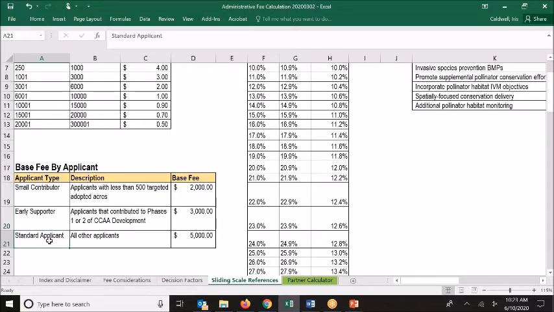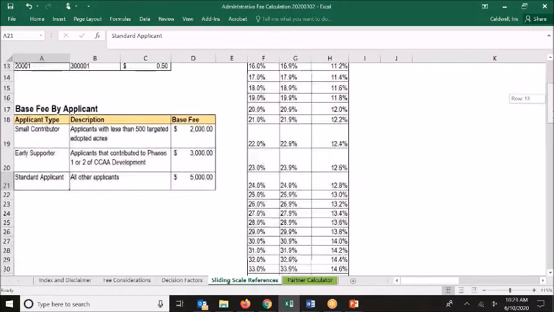And then we have a standard applicant, which is essentially the catch-all for any other applicant that doesn't fall into that small contributor or early supporter category. So again, just a helpful reference there for you as you're looking at the various options on the next tab.